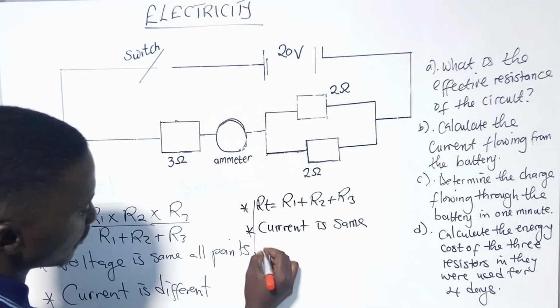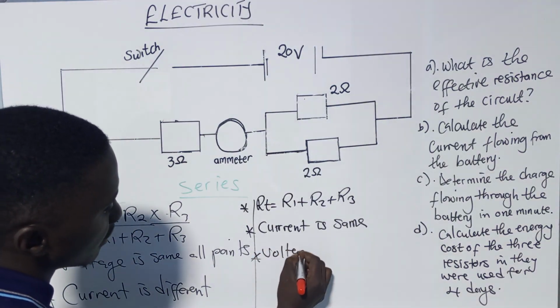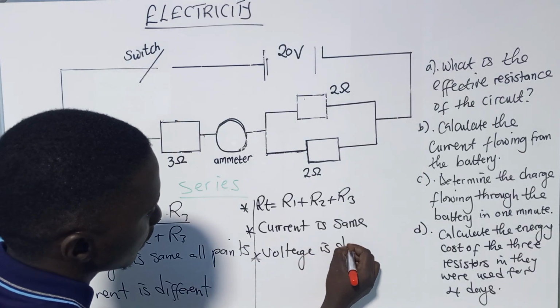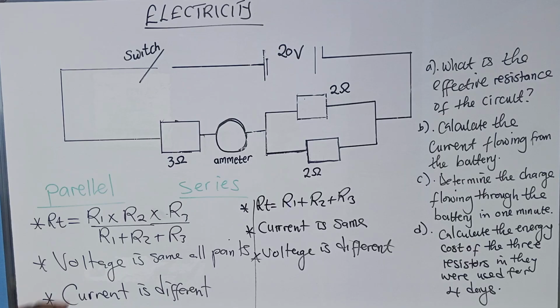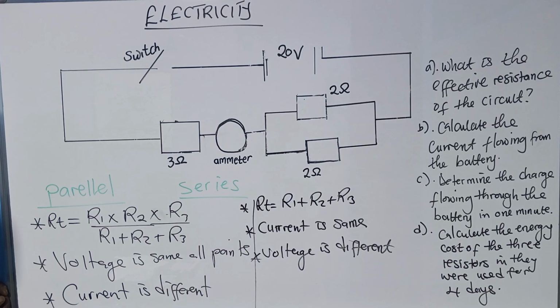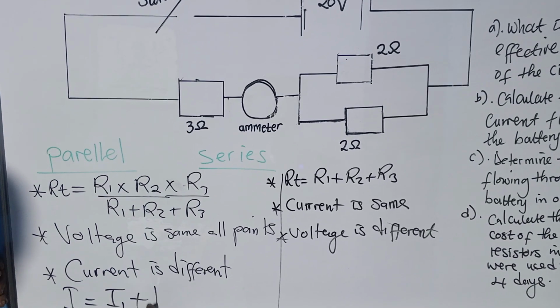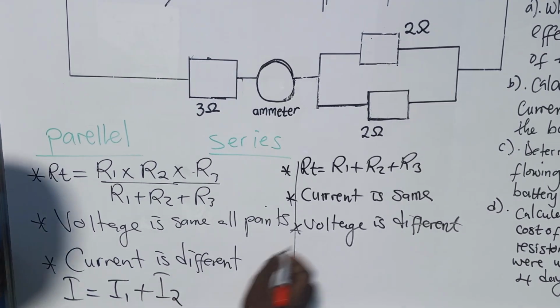Then voltage is different. In parallel, we say the voltage is the same at all points, but the current is different. Therefore, if you want to find total current here, you add I1 plus I2.